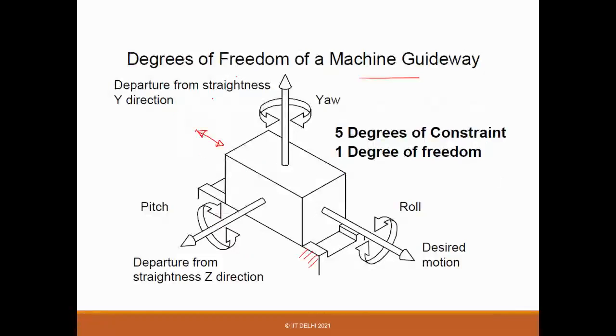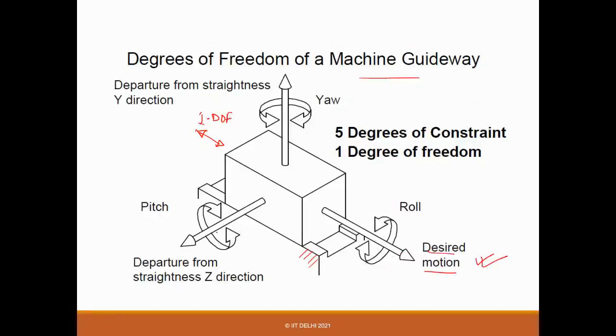Linear motion. So one DOF only. It should be able to move freely along this direction, right? So this is the desired motion, this translation. All others should be constrained, right?